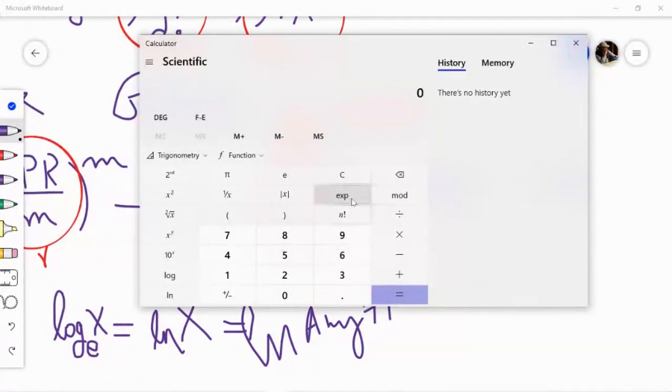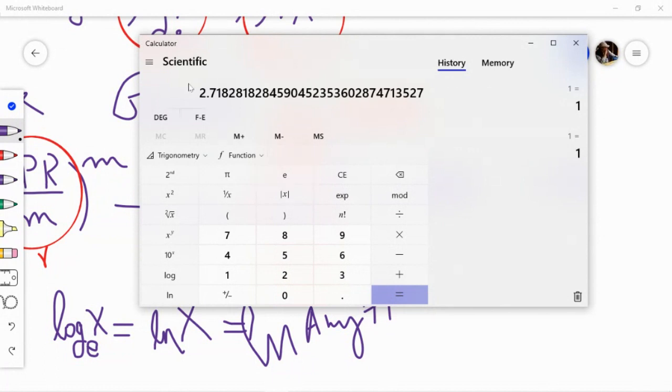EXP is Euler's number. Suppose you press this... I think I should press 1 and EXP. No. How do I get the exponent? Oh wait, this one, E. You see that? That's Euler's number.